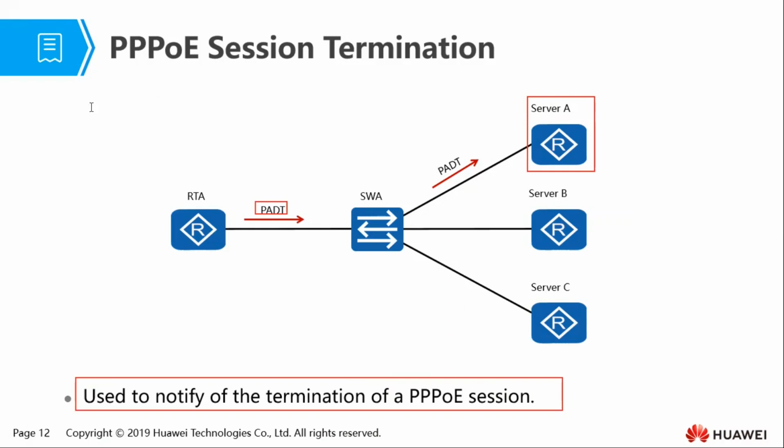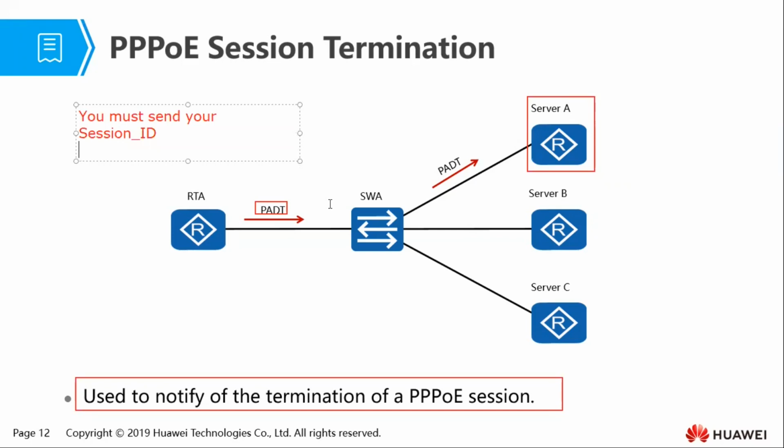Now, two things. When you're sending the PPPoE Active Discovery Terminate packet, you must send your session ID, so that the PPPoE server can know which PPPoE session it's going to terminate.